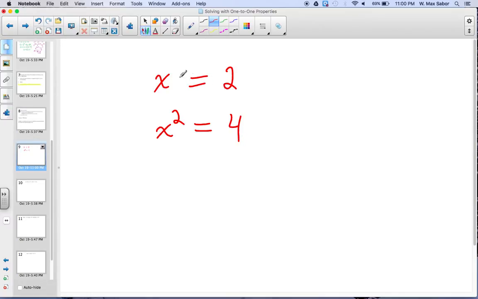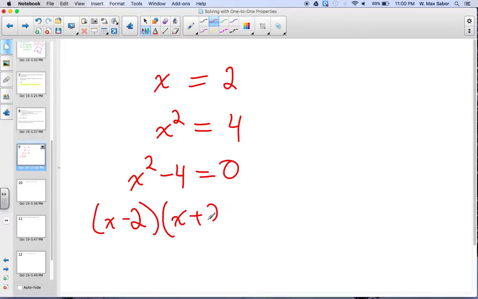We would never do this just for fun, but when you solve this, you get two solutions, x minus 2, x plus 2 equals 0. So we actually get the solution 2, but we also get the solution negative 2. It's not actually a solution to the original problem. It came about when we squared both sides. So negative 2 did not make the original equation true.